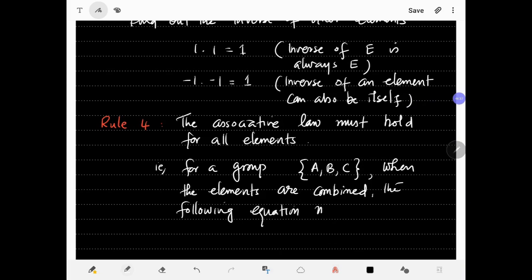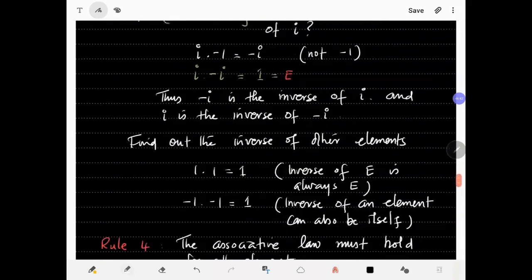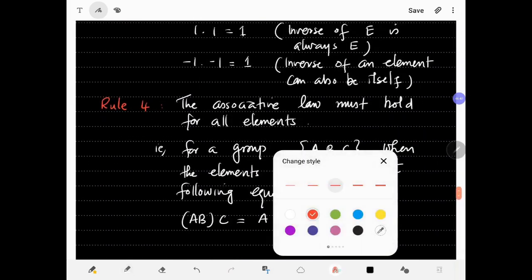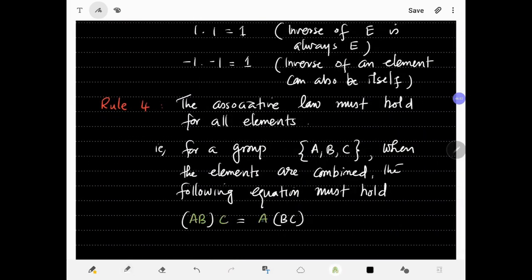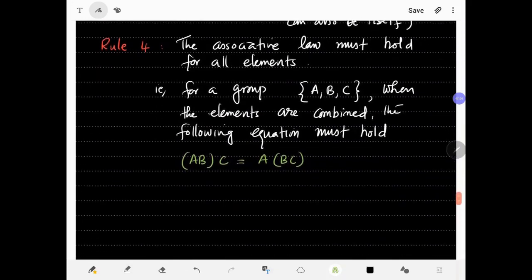What are these equations? AB combined with C should be equal to A combined with BC. That is, this rule says the order with respect to parenthesis is immaterial.